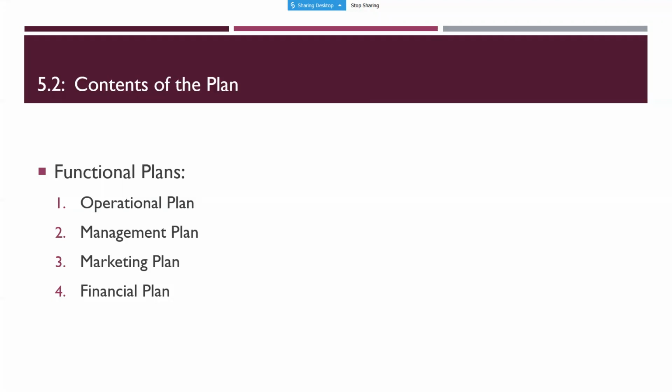And these actually start on the top of 71 and go through all the way to 75. Yes. Financial plans talked about for quite a while. So you have operational plan, management plans, marketing, and financial plans within your master plan.